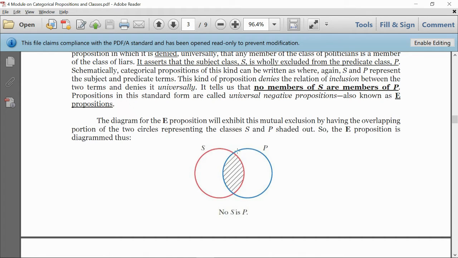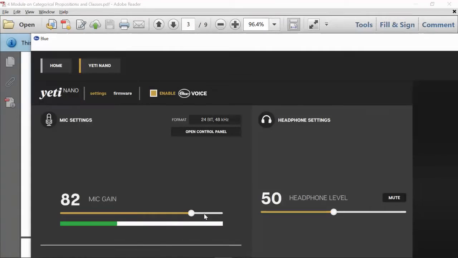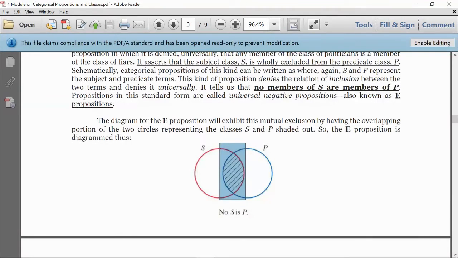Again, like I mentioned a while ago, when looking at the relation between the subject term and the predicate term, and in using the Venn diagram, you have to look at the middle of the interlocking circles in order to determine whether the subject term is excluded or included or partially included in the class of P. So the E proposition is diagrammed as thus.